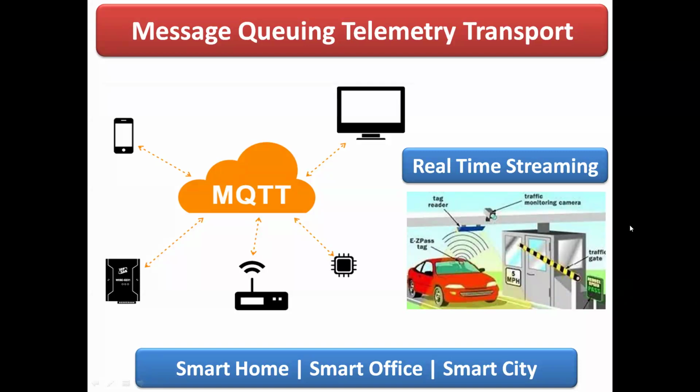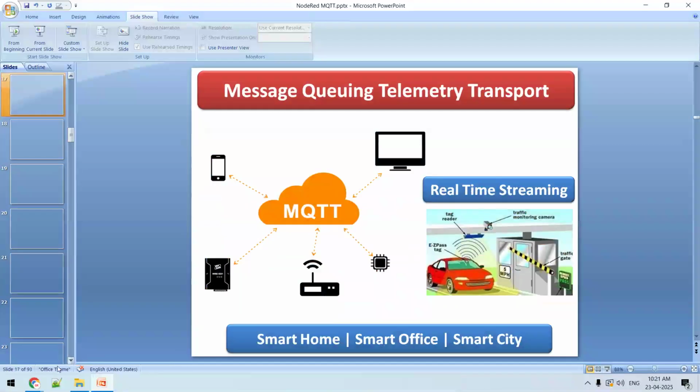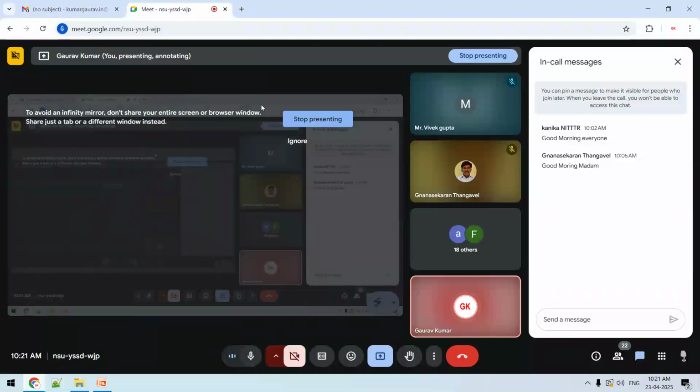I will show you some simulations by which we can work on these implementations in a simulated scenario without using actual sensors or actual devices. First of all, we will see which software or libraries are available.